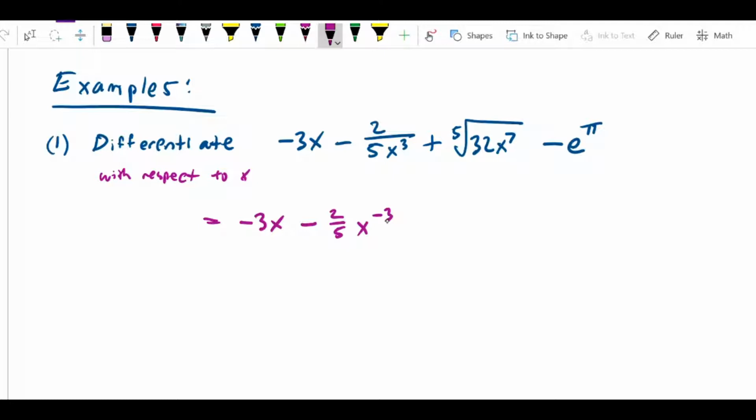And then the fifth root of 32x to the seventh, I can rewrite as the fifth root of 32 times the fifth root of x to the seventh. The fifth root of 32 is just 2, and the fifth root of x to the seventh is x to the 7 over 5. And then here we have e to the pi.